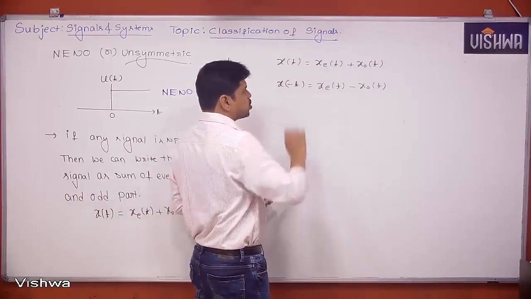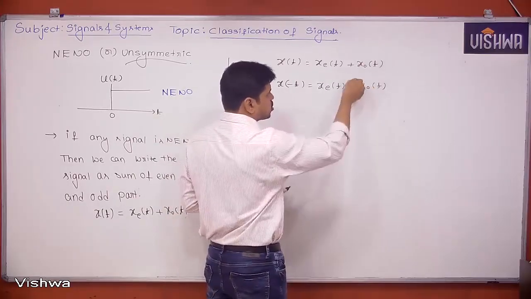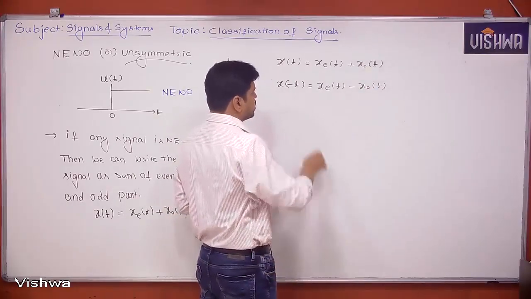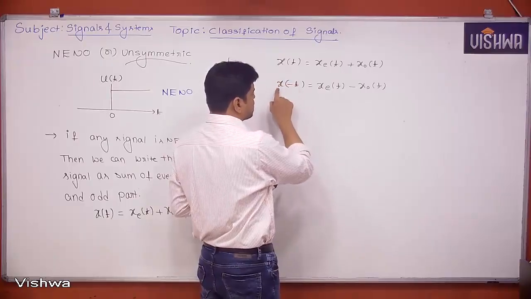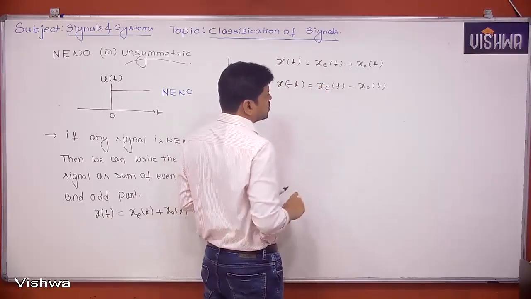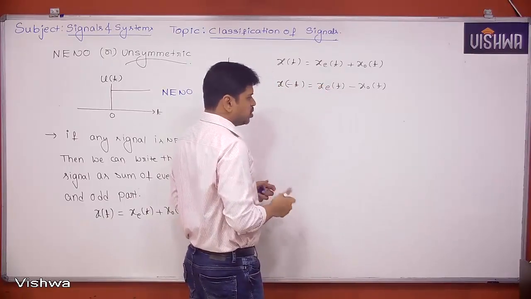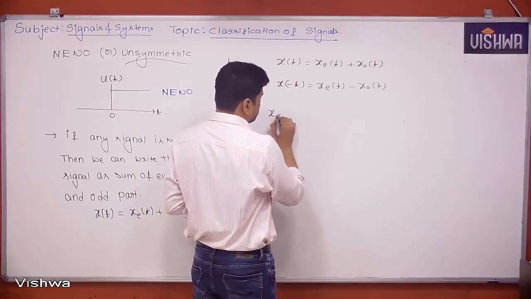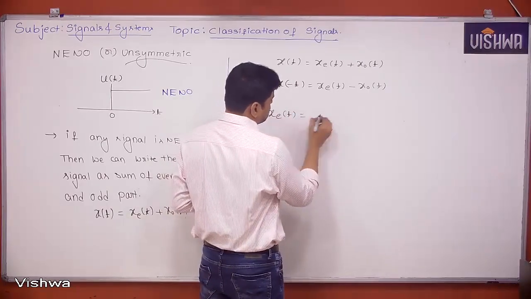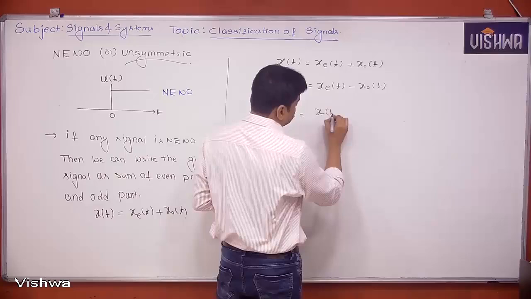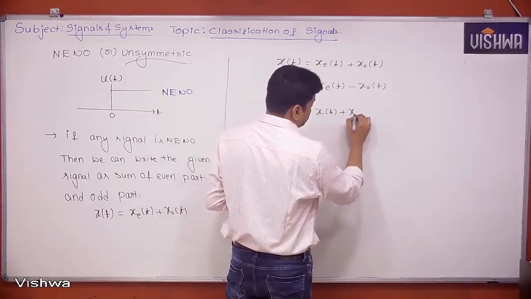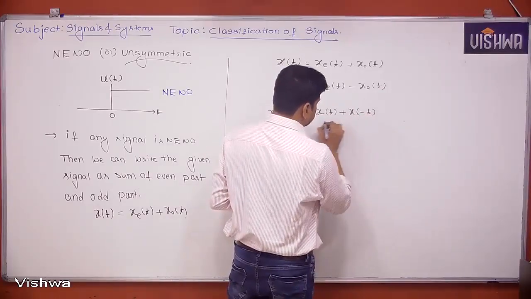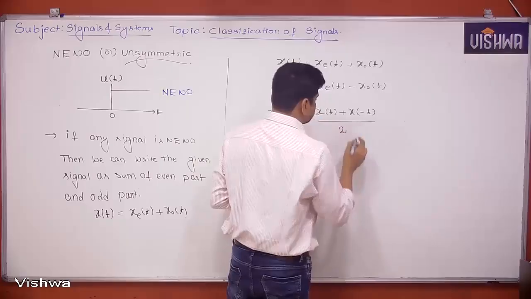Now, observe carefully. If you sum these two equations, these two terms will cancel each other. Then we get x of t plus x of minus t is equal to 2 times x even part of t. So from that, I can say what the even part is: x of t plus x of minus t divided by 2.